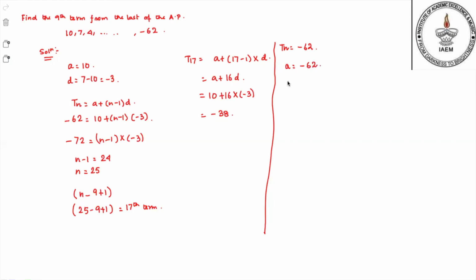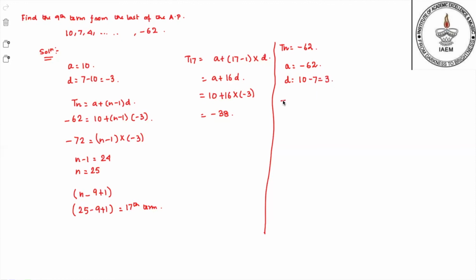Normally, the common difference in an AP is always the second term minus the first term. But since we are taking the AP from the last, the common difference will be first term minus last term, which will be 10 minus 7, that is 3.